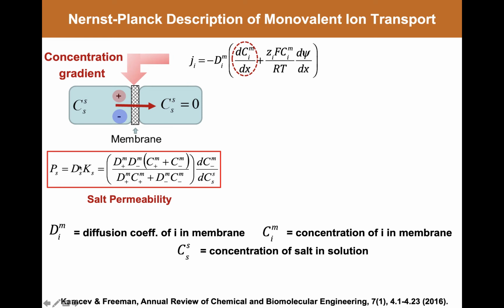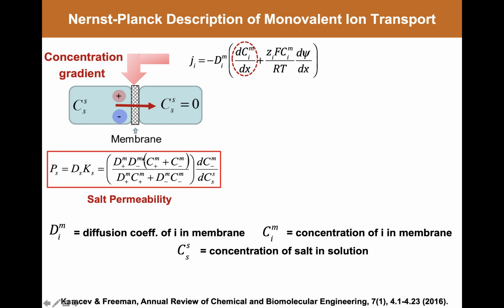Now, this salt diffusion coefficient, through the electrostatic coupling given by electroneutrality, that is that for every cation that comes across, an anion has to come with it for monovalent ion transport, depends on both the diffusion coefficient of the cation as well as the anion in the membrane.